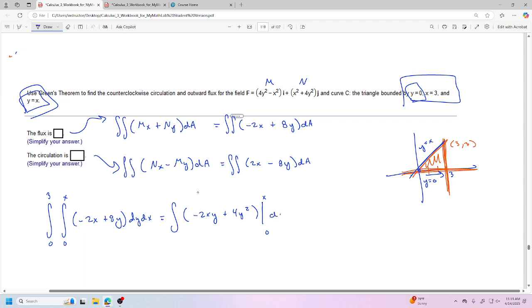From 0 to x. Plug in an x, and we basically get an x squared and an x squared. Oops, I'm already messing up again. But when I plug in a 0, you get nothing. So yeah, ignore that.